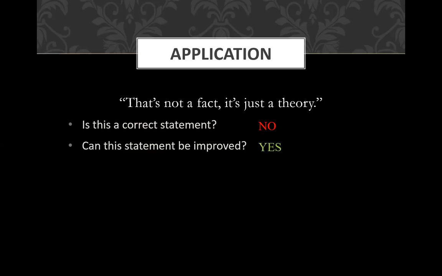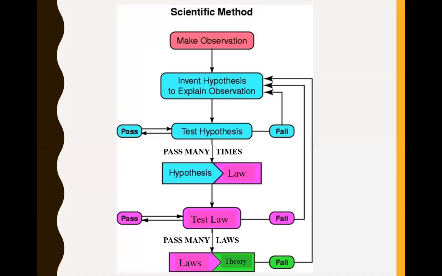Now, there are many ways that we could fix this statement. I'm going to go ahead and fix it as easily as possible. But before I do that, let's just go back to the flow chart. So here is that same scientific method flow chart. And the statement referenced two vocabulary terms, a fact and a theory.